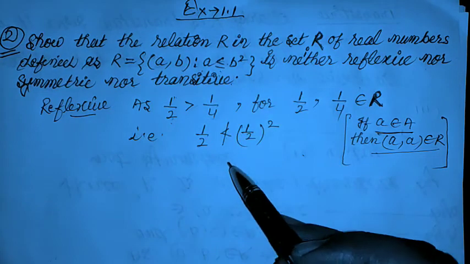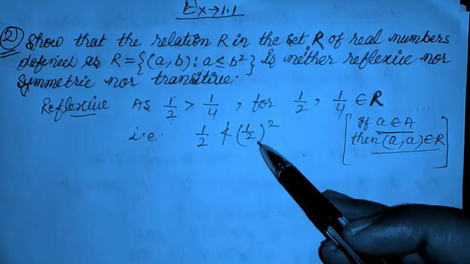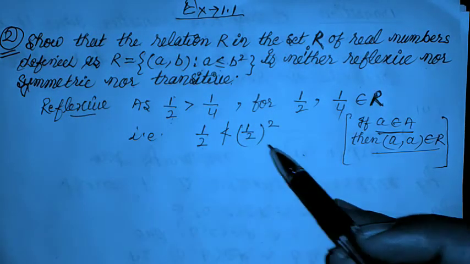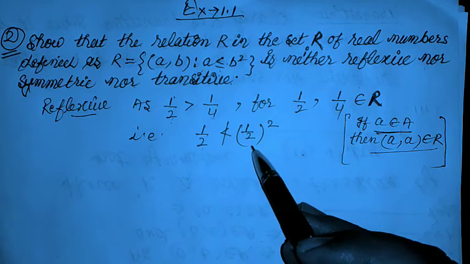If we put a = 1/2 and the other element also a, because reflexive means (a, a), we will get 1/4.